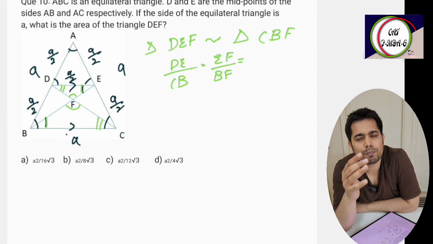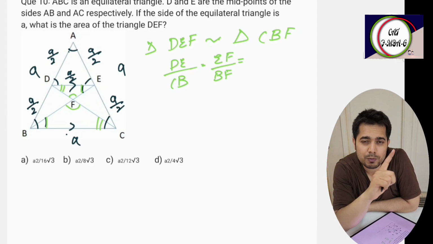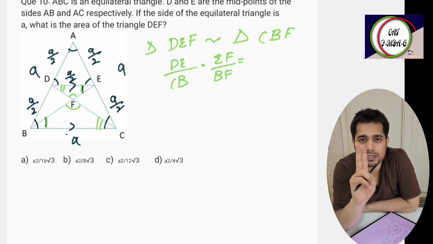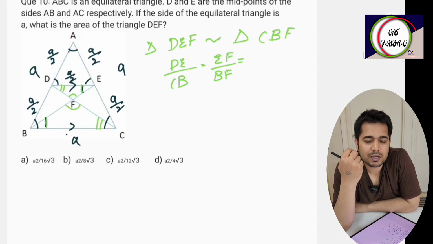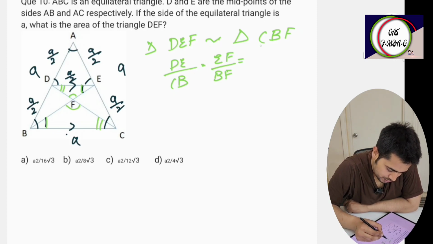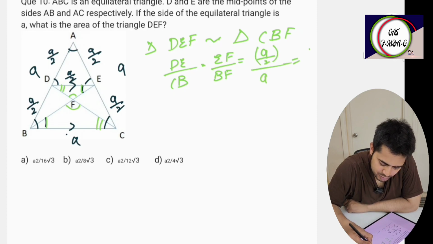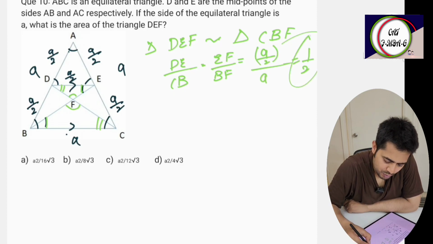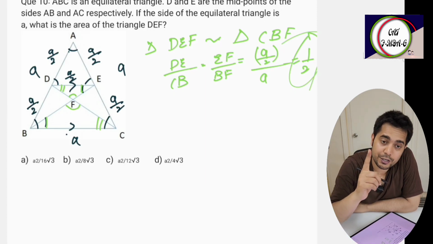They are going to be in the same proportion. This ratio is going to be the same for everything when two triangles are similar, whether it be circumcircle, circumradius, or altitudes also. So DE is a by 2 divided by CB which is a, so 1 by 2. Remember this, 1 by 2 is going to be the ratio for altitudes also.